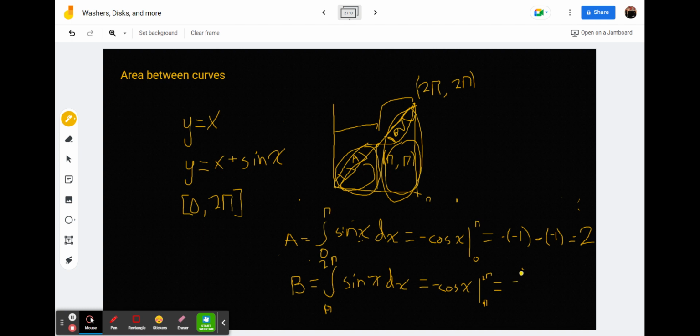It's going to give us negative 1 minus, sorry, I made a slight error.